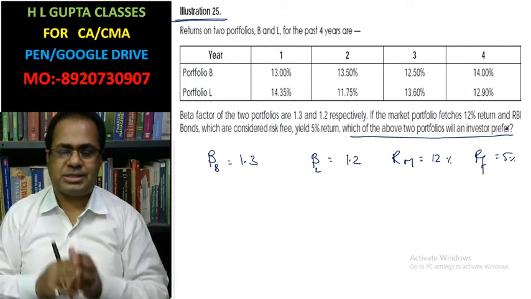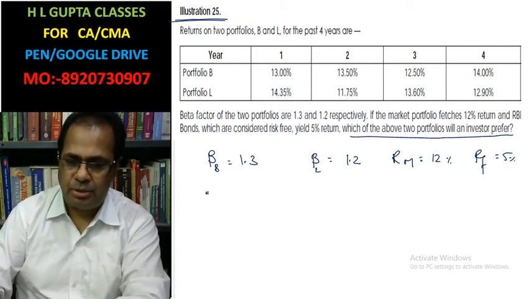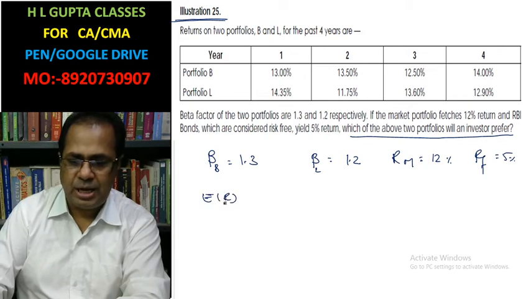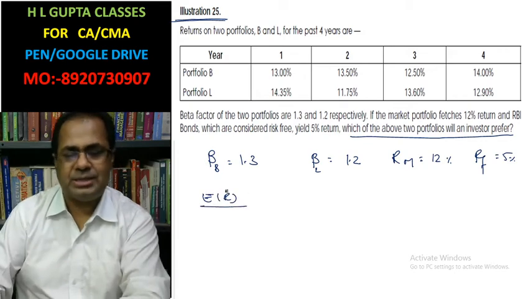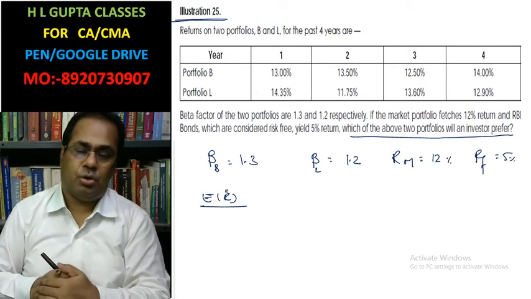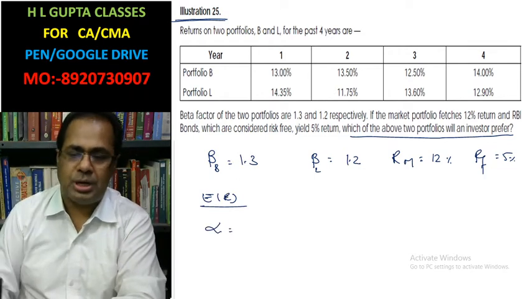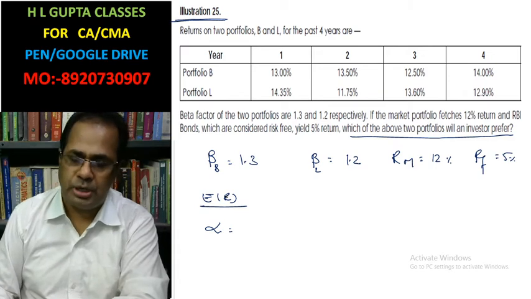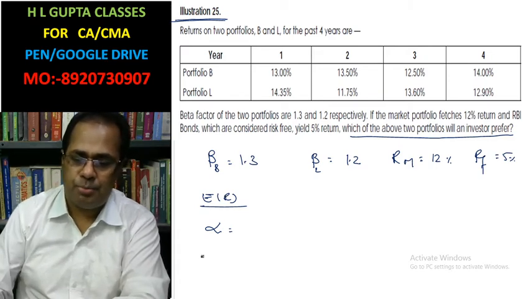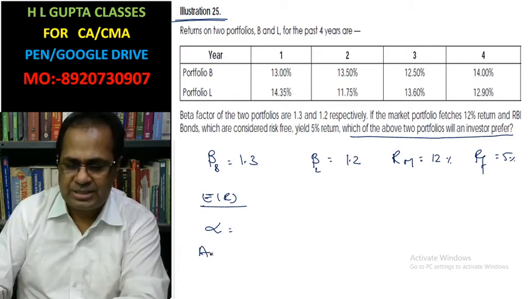In this case, first you have to calculate the expected return as per CAPM of portfolio B and portfolio L. Thereafter you calculate alpha of both the companies, and then calculate the average alpha.